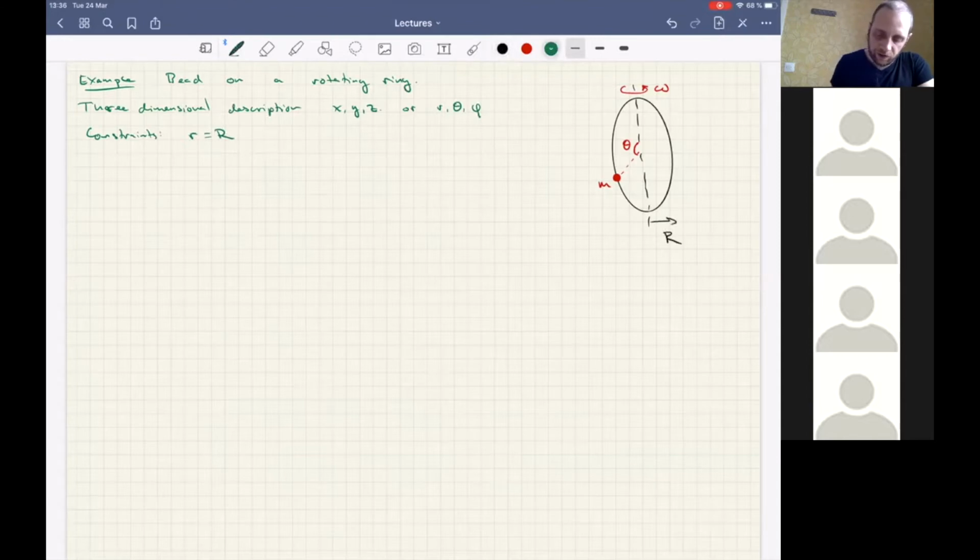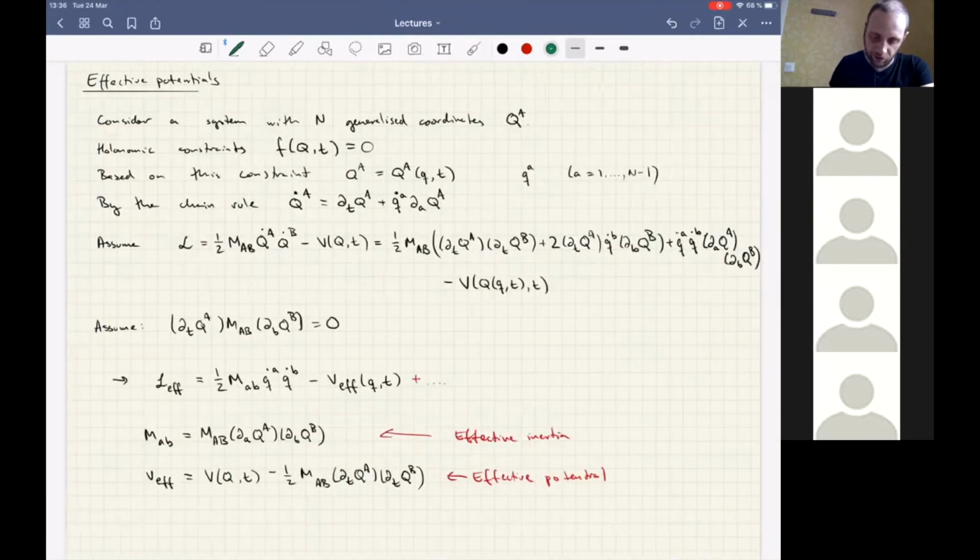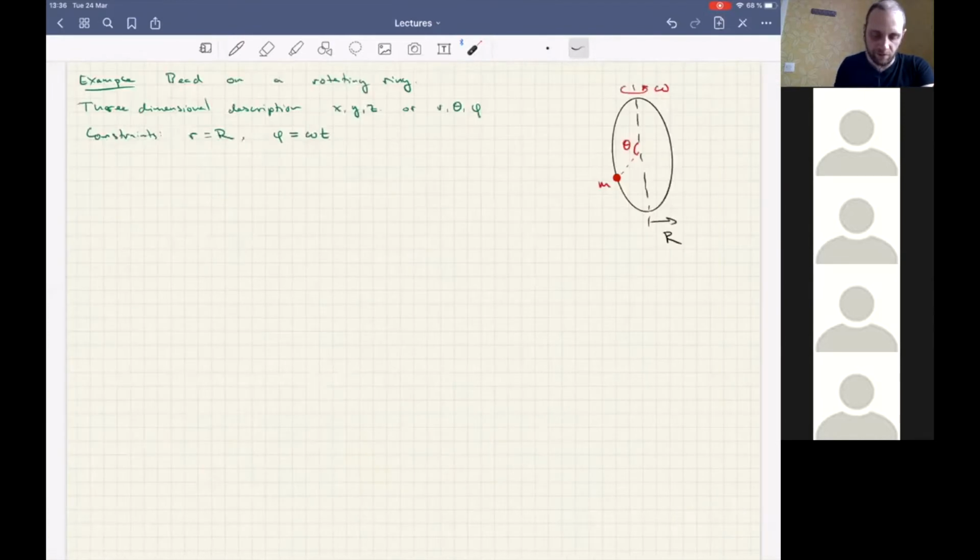And we also have a constraint that the angle phi in spherical coordinates is given by some angular frequency times the time. So these are 2 constraints, corresponding to these functions f of q and t. In the case of r, there was no dependence on either the coordinates or time. That's perfectly fine also. And here we have a dependence on time.